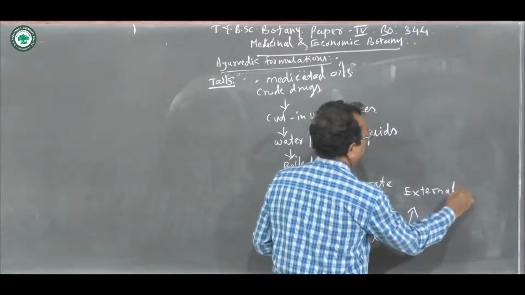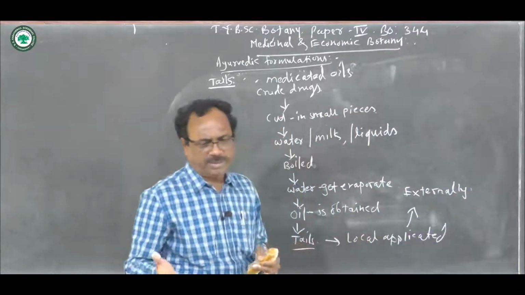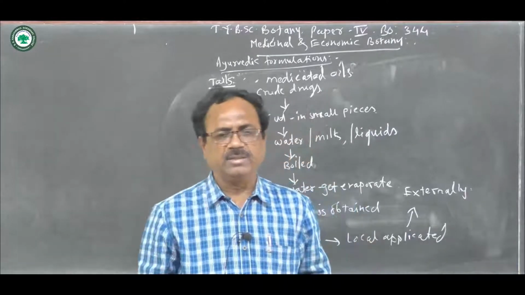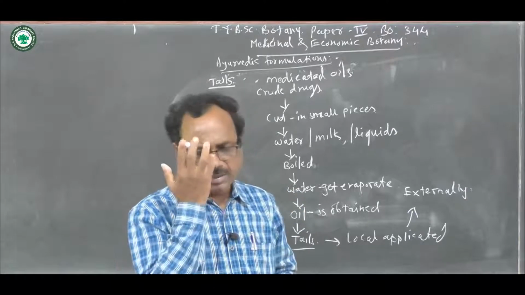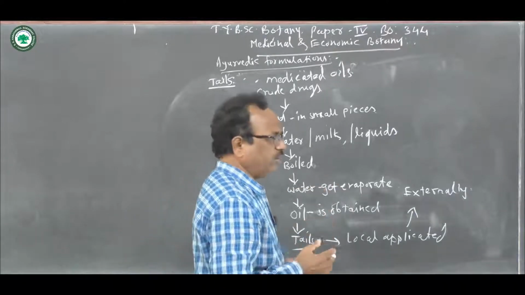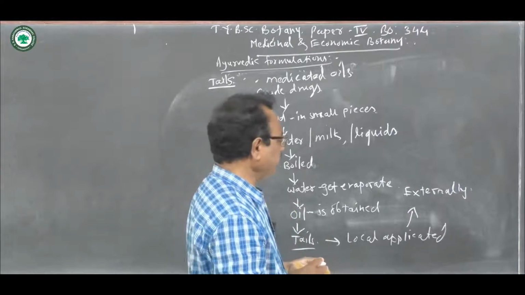Externally, they are applied maybe on a wound, or if there are any swellings, then the oil is applied externally, and thus it is used to cure different types of diseases.